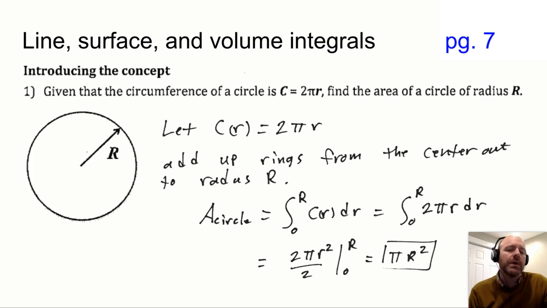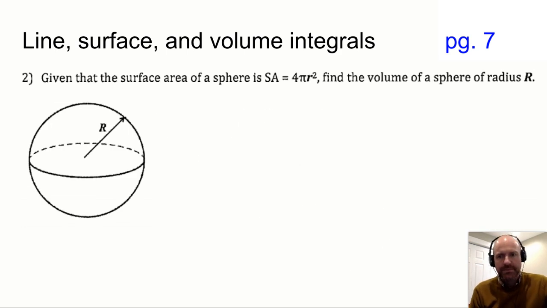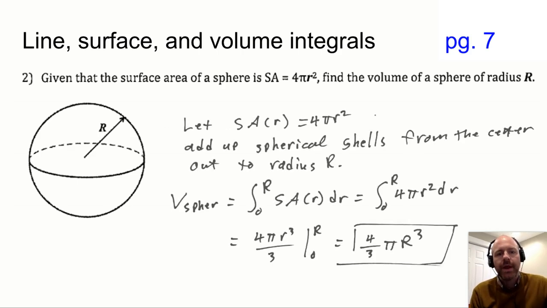This is really to show you that what you already know about area and volume already works. We could do this with a sphere. The surface area of a sphere is 4 pi r squared, and the surface area as a function of radius is 4 pi little r squared. If we want to know all of it, we can add up all the thin spherical shells until we get a total ball.